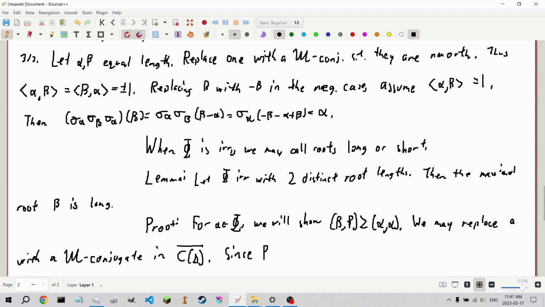Since then beta minus alpha is going to be positive, for all gamma in the closure of the fundamental Weyl chamber of our basis, we have that the form of gamma with beta minus alpha is non-negative.